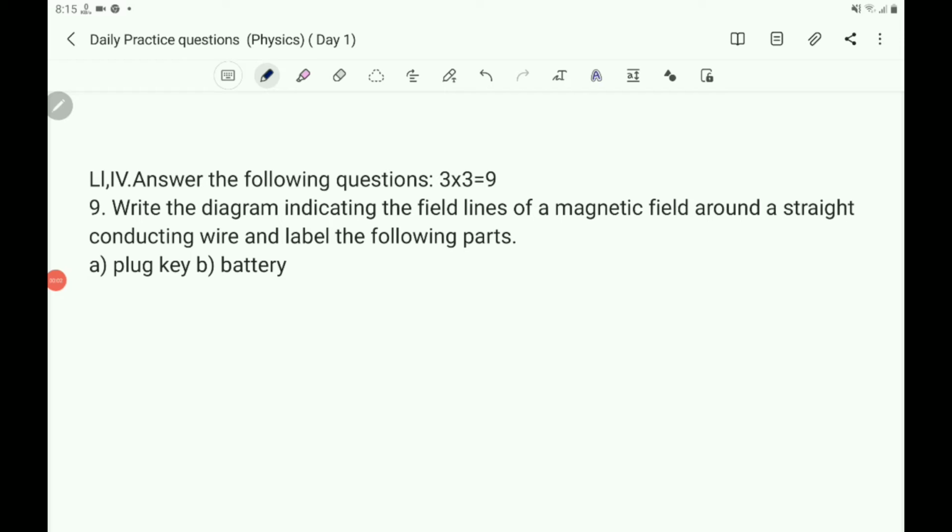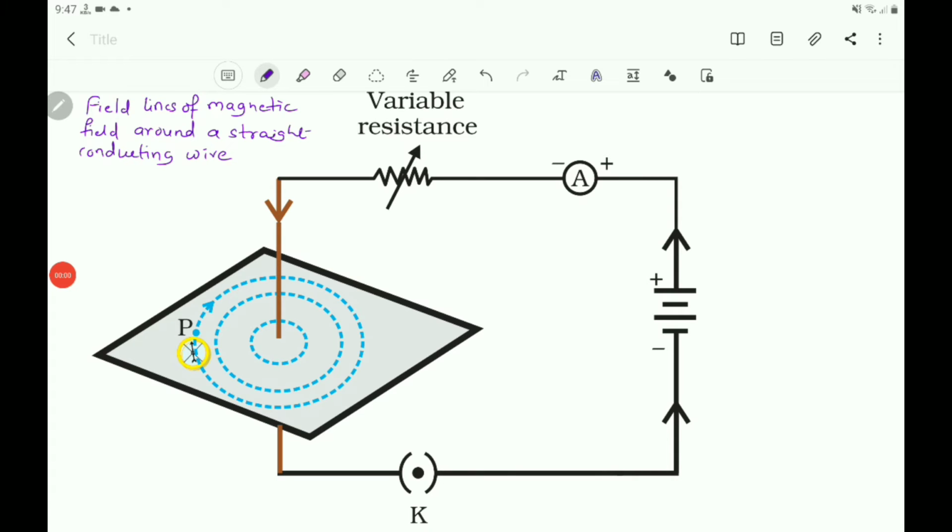Now come to the 3 marks question, 9th question. Write the diagram indicating the field lines of a magnetic field around a straight conducting wire and label the following parts. First, plug key. Second, battery. Children, it is a diagram indicating the field lines of a magnetic field around a straight conducting wire.